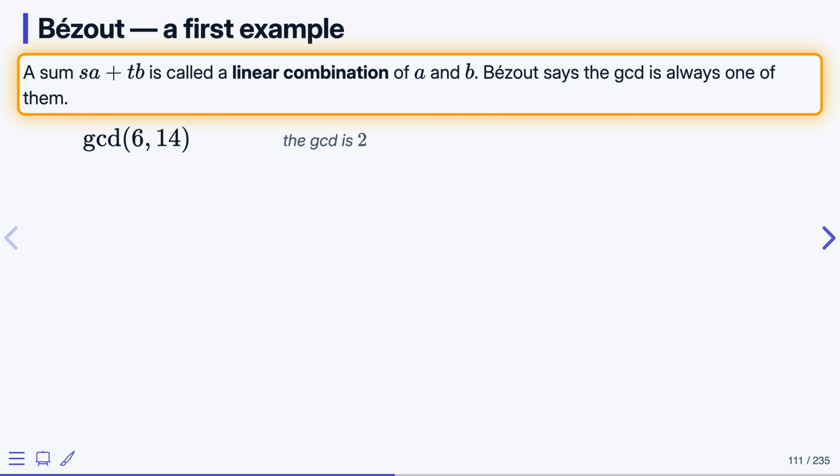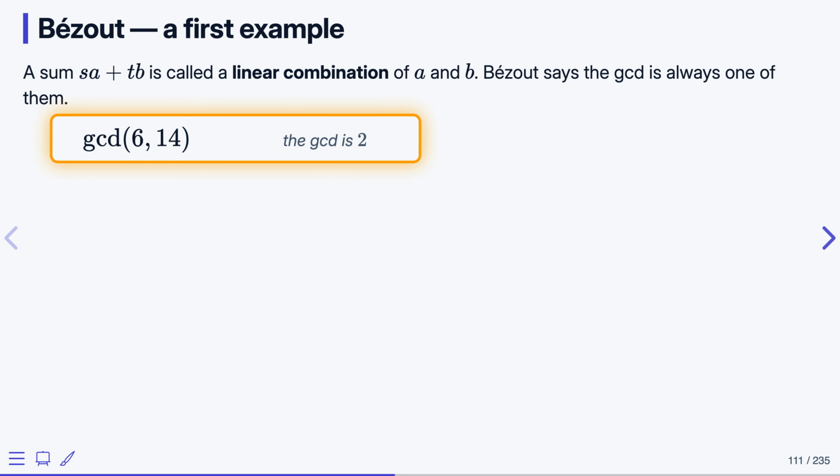A sum like s times A plus t times B is called a linear combination of A and B. Bézout's theorem says the greatest common divisor is always one of these combinations. Step 0, take 6 and 14. Their greatest common divisor is 2.